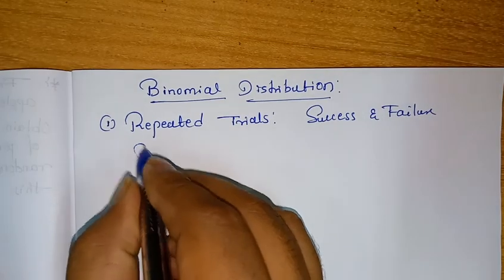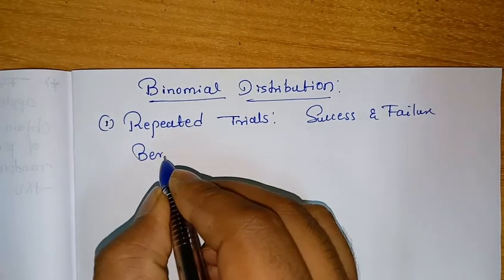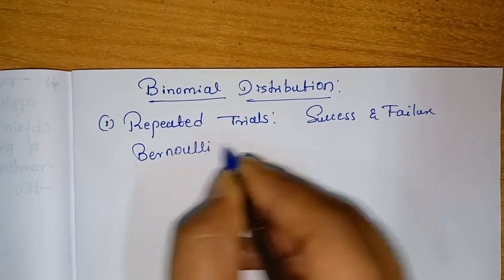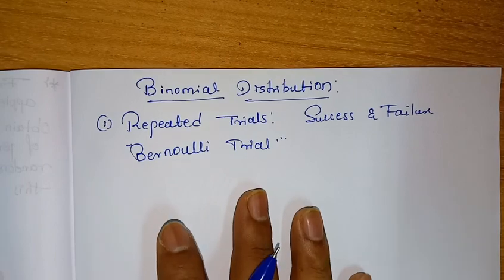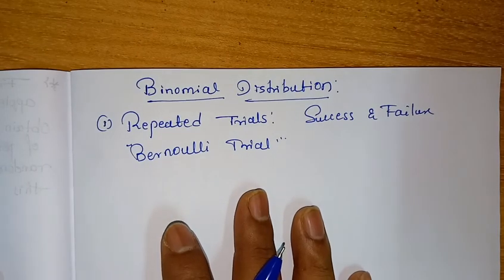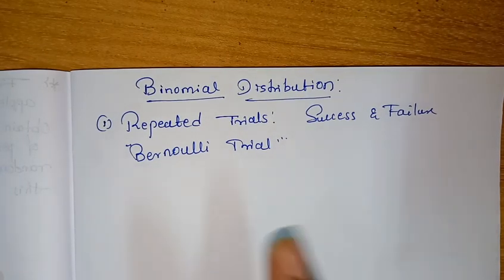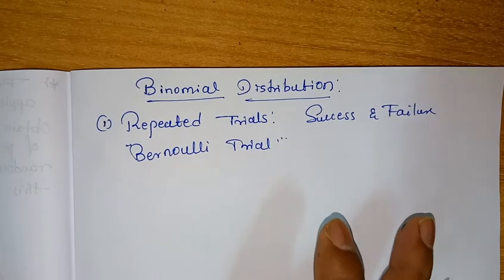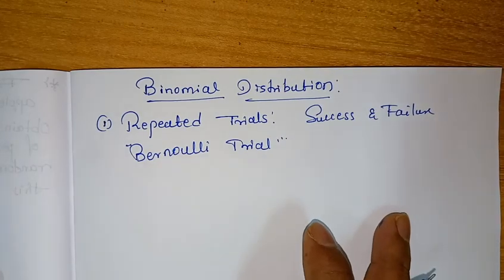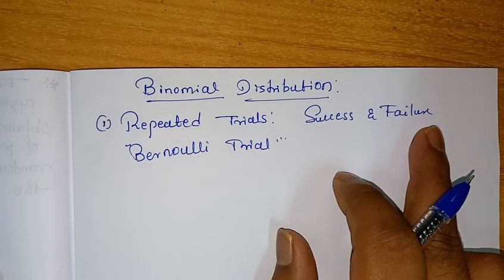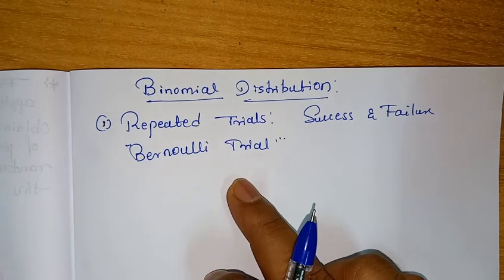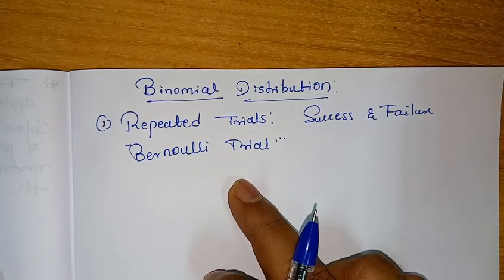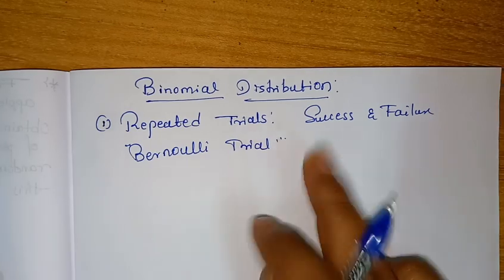Any random experiment which produces only two possible outcomes, categorized as success and failure, such an experiment or trial is called a Bernoulli trial. Here the probability of success is always the same for each trial.